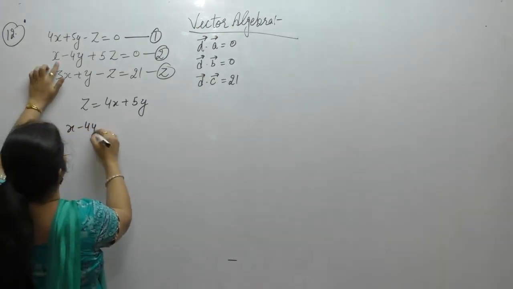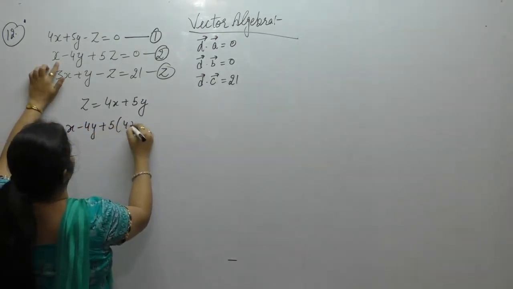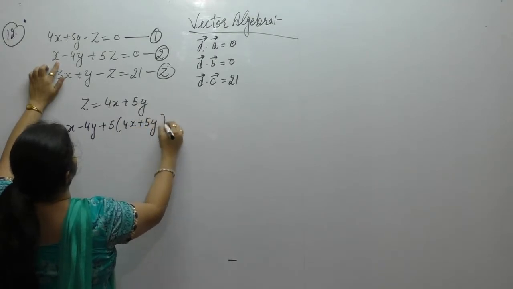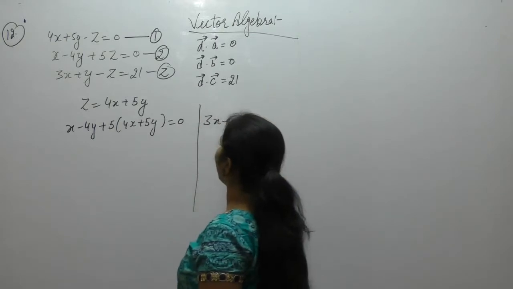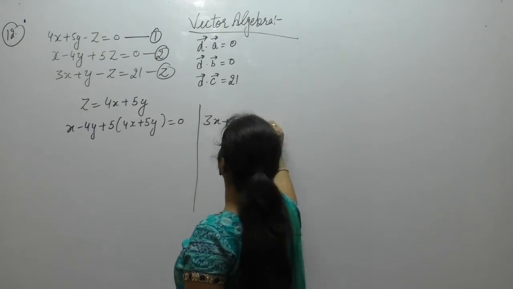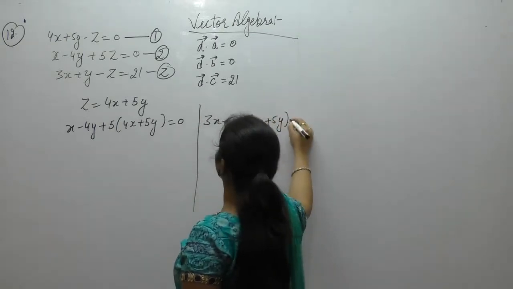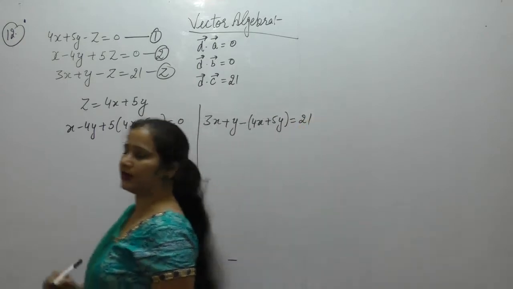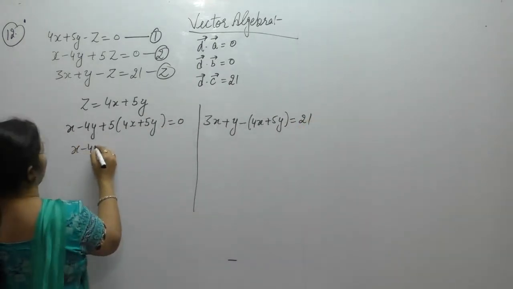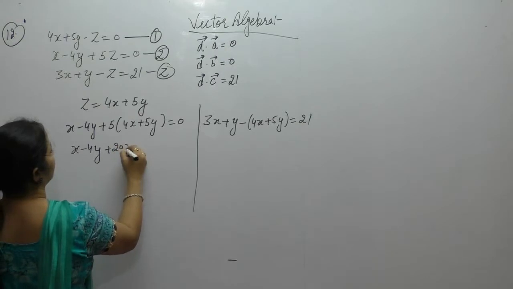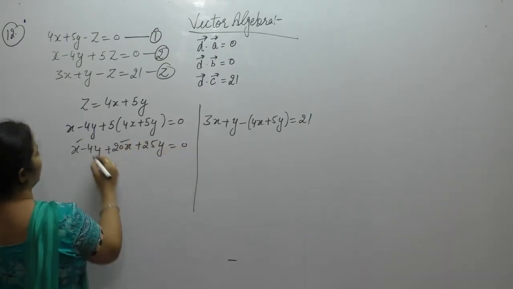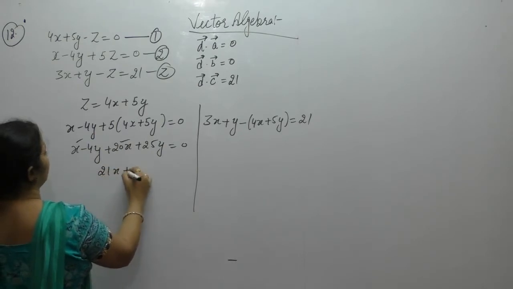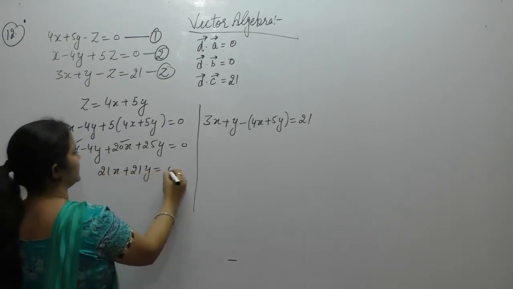X minus 4y, 5 into 3x plus y minus z, 4x plus 5y is equals to 21. X minus 4y, 20x plus 25y, 21x plus 21y, 0.